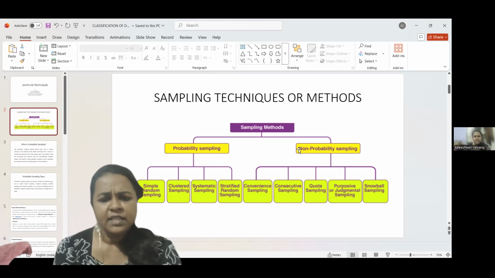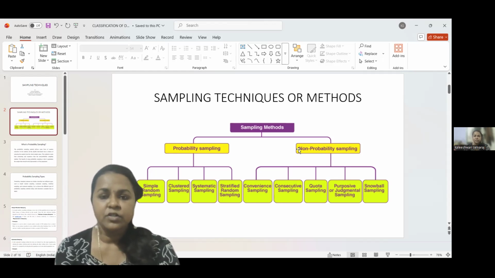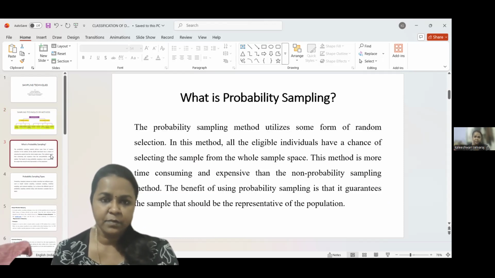So based on all these different types of techniques, the need for the study, and the accuracy or the availability, the sampling technique will be adopted by the researcher in order to identify the results of the particular set of population for which this data is collected.